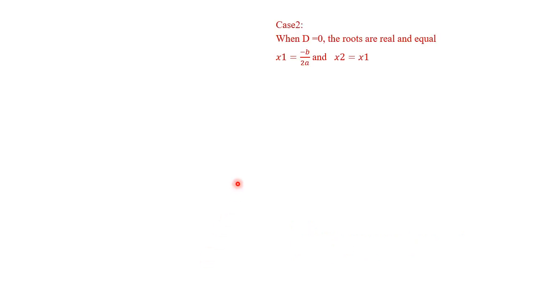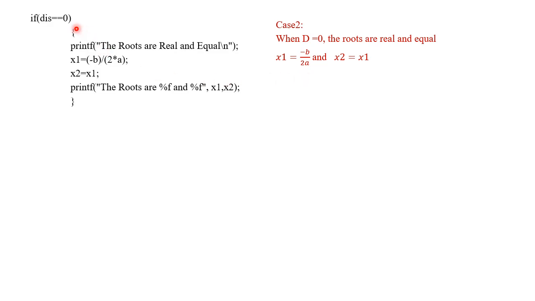Next, case 2, we have discussed already. When D equal to 0, x1 and x2 will be equal to minus b by 2a. So if discriminant is equal to 0, double equal to should be there. This equal is different from this equal. Mathematically, this equal and this equal are same, but here this equal will be different from these two equals.